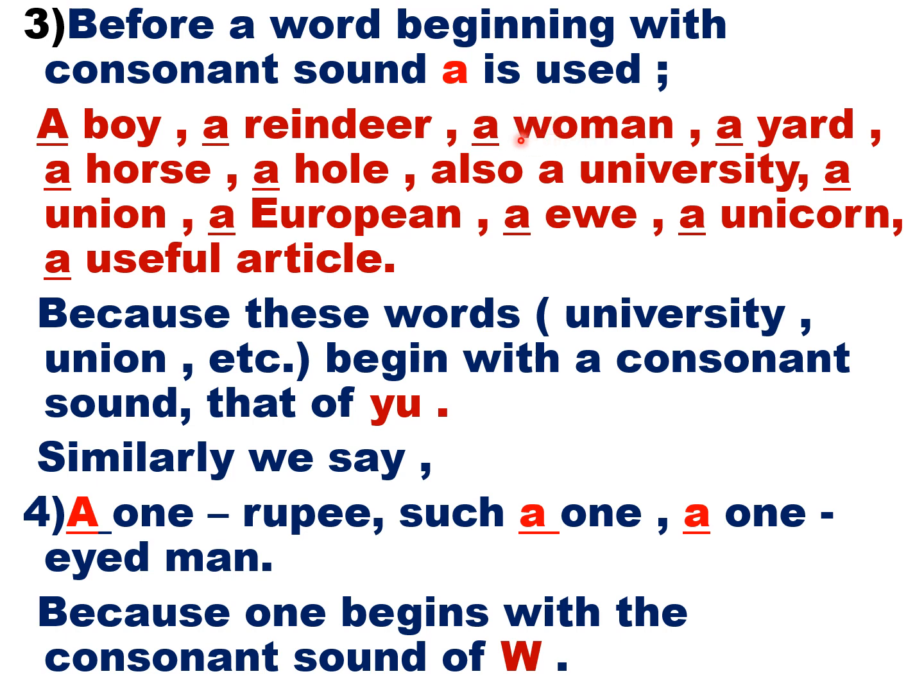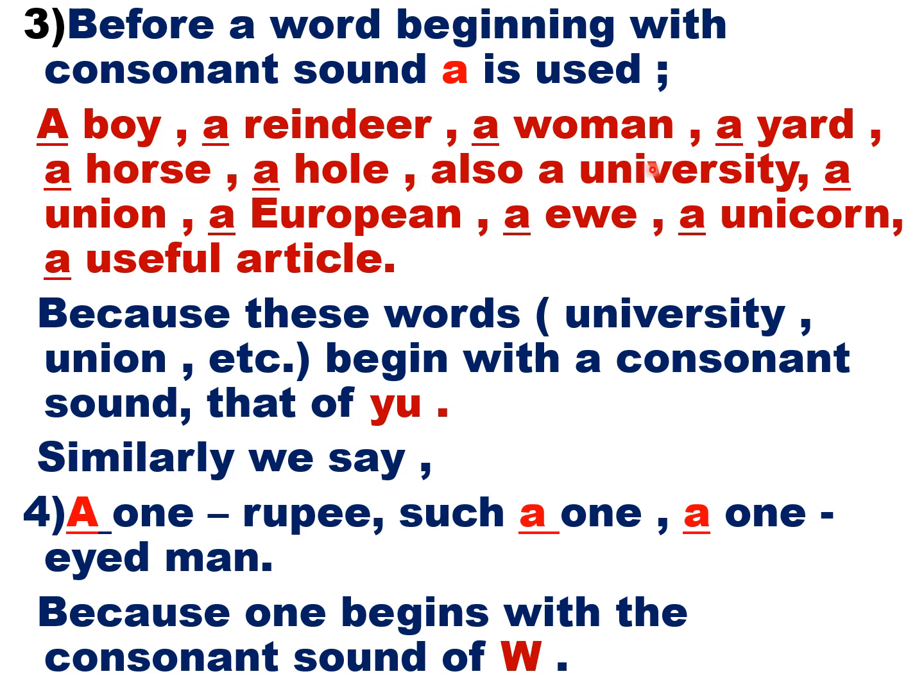Woo is a consonant sound, so a woman. A yard. Ya is a consonant sound, so a yard. A hole. Ho. These are all consonant sounds, so we must use the indefinite article a.